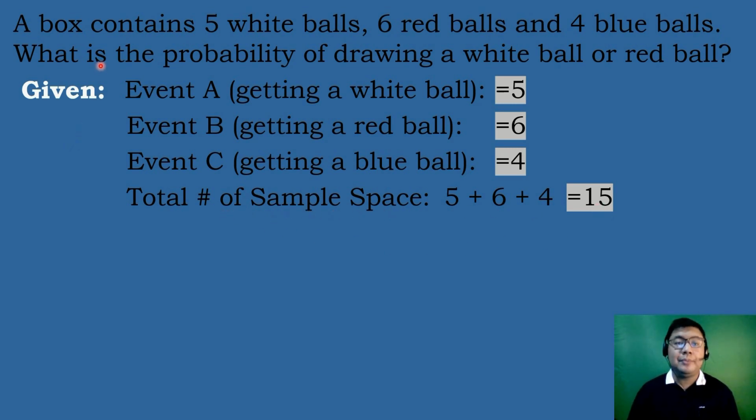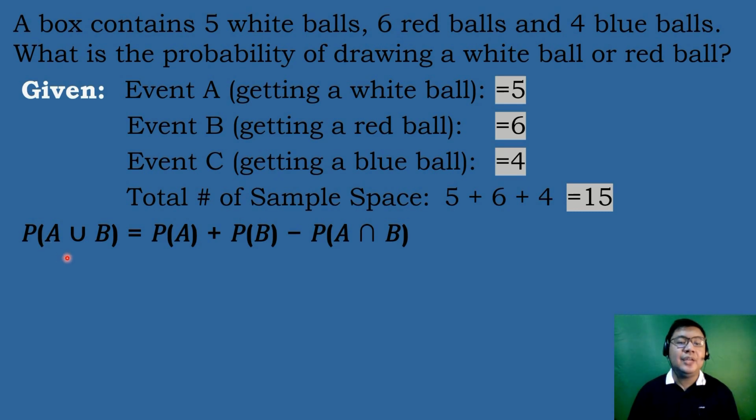After that, we will be identifying if this is an example of union or intersection of events. Obviously, this is an example of probability of union of events because there is a word "or" in between the white ball and the red ball. So we will be using the probability of union of two events.